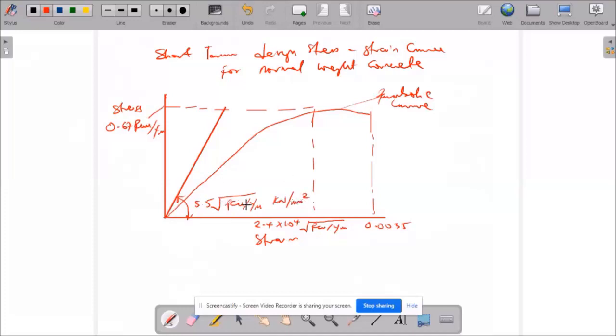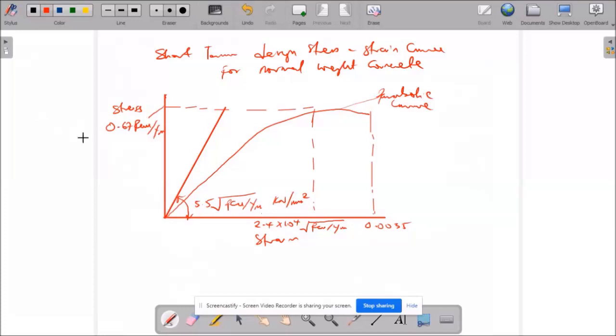So based on this stress strain curve, three features we need to consider are, first, the initial elastic modulus of concrete, which is defined as the initial tangent to the parabolic curve, which is given here. Second, we have to consider the ultimate stress of the design concrete.